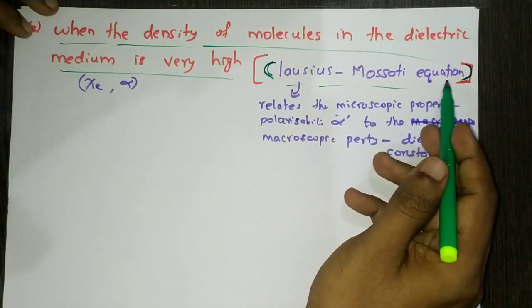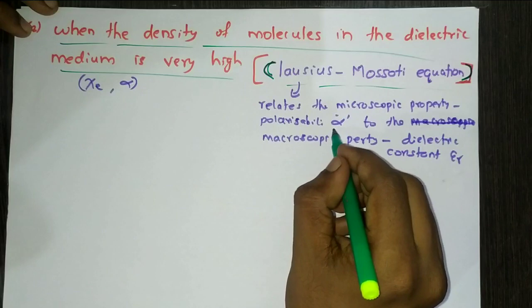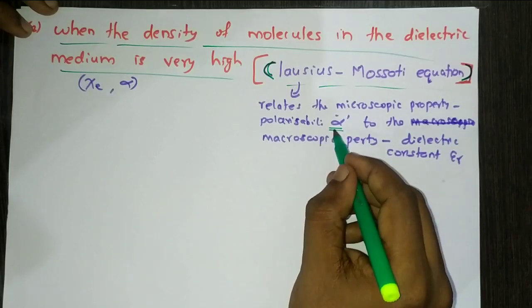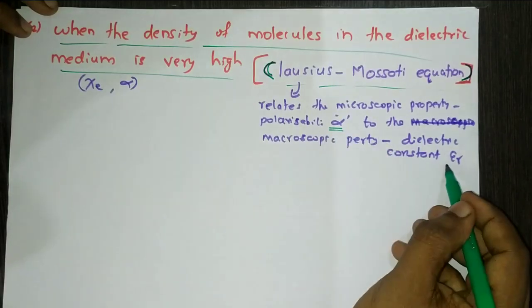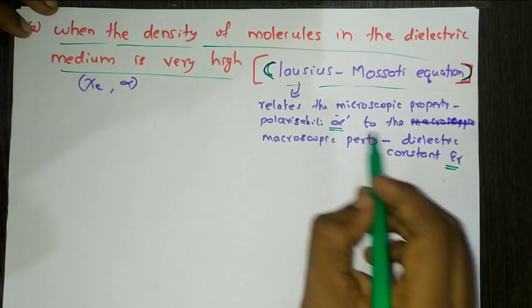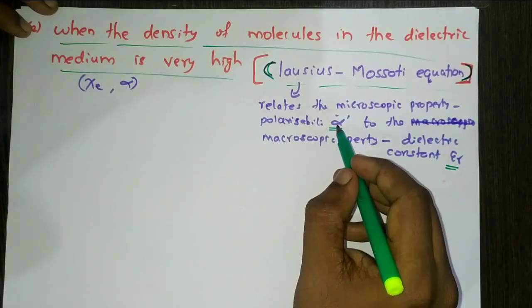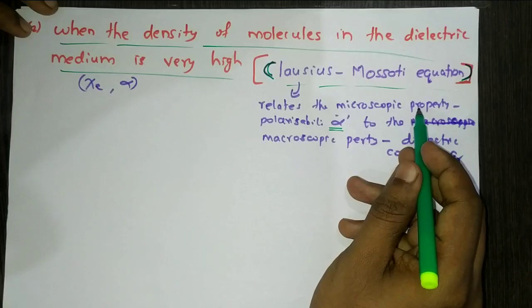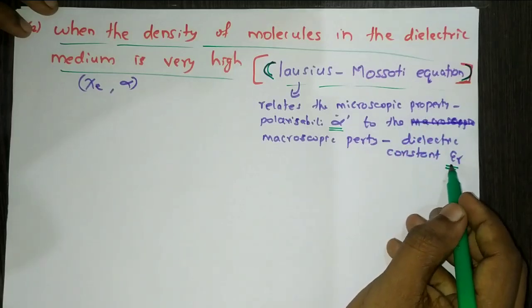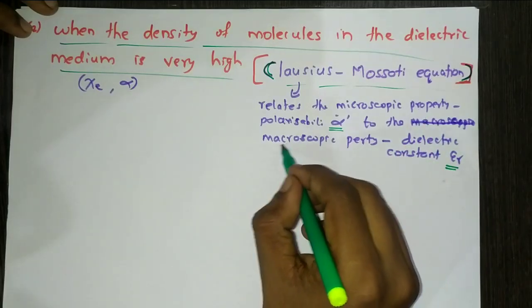That is, the Clausius-Mossotti equation is the relation connecting the polarizability and dielectric constant epsilon r. This polarizability alpha is a microscopic property and the dielectric constant epsilon r is a macroscopic property.